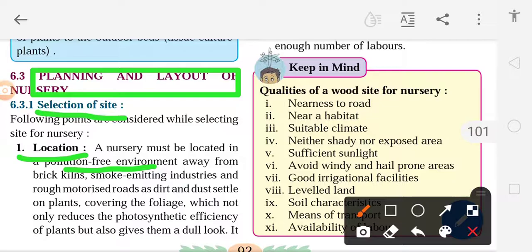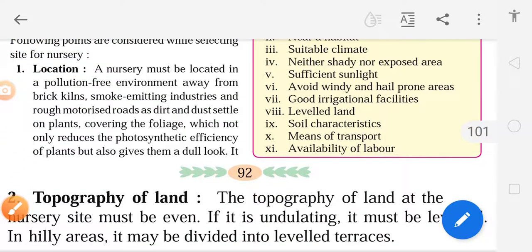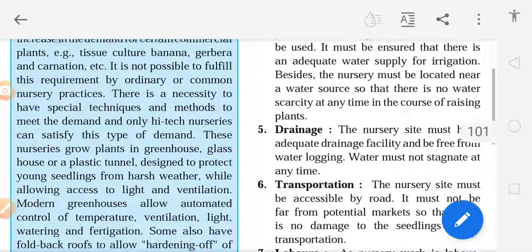There should be no brick factories or brick kilns. Smoking industry areas should not be in the close premises, because all these factors, the polluted areas, will cause damage to the growing plants. So location should be very good.